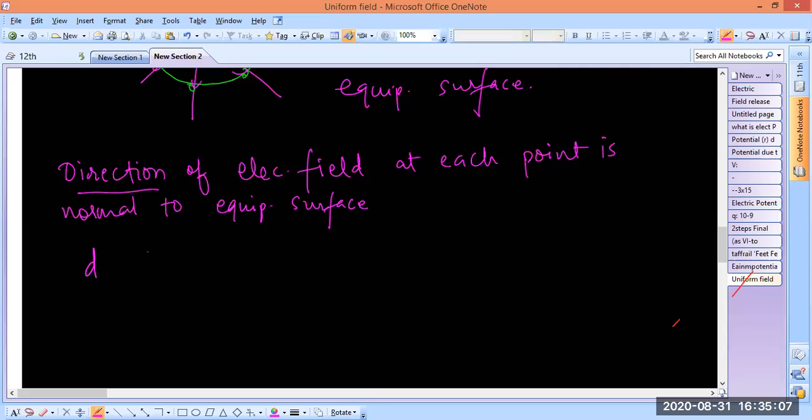So I'm writing the formula that we had again.